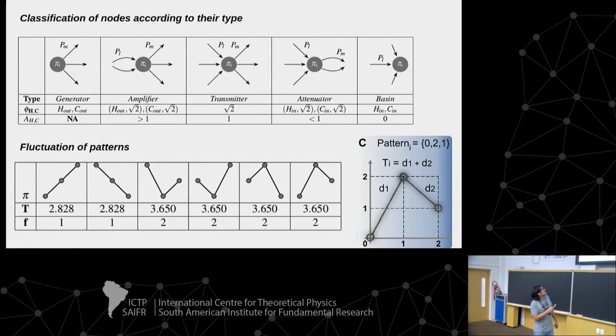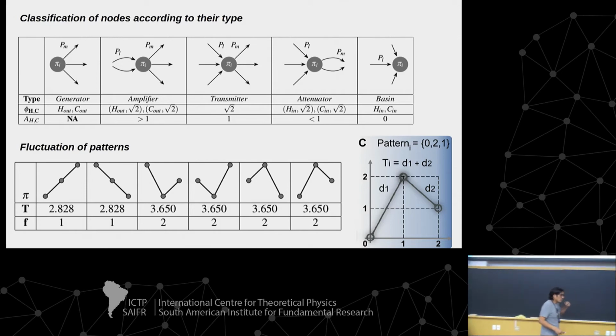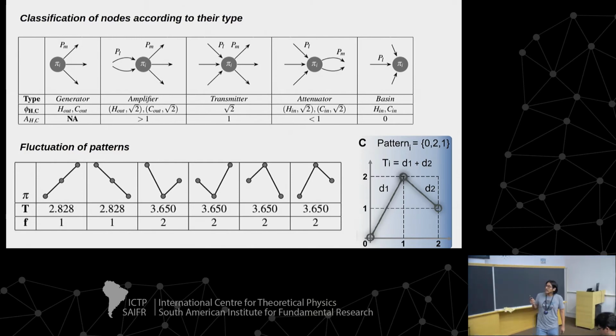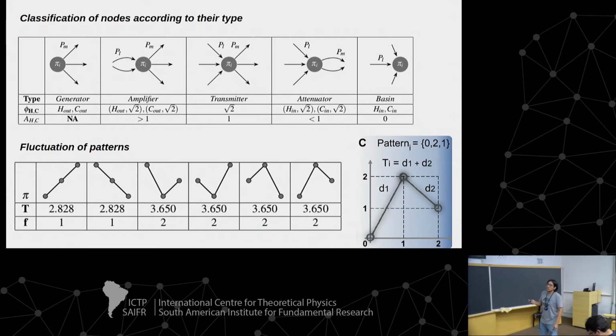Additionally to this classification, we also introduced another way of trying to characterize the patterns that we obtain from the time series. Let me just tell you the story from this side. We defined what we call the fluctuation of a pattern.